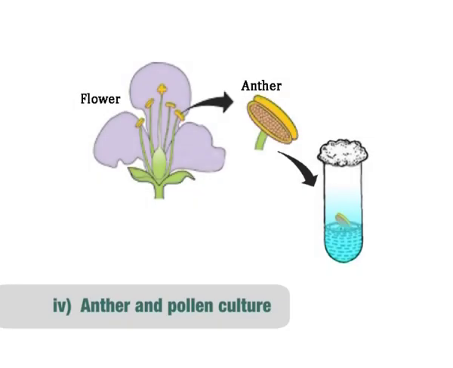The fourth type of plant organ culture that we are going to take up is the anther and pollen culture. Anther culture is the technique of culturing excised anthers from unopened flower buds aseptically on nutrient medium, while pollen or microspore culture is the culture of isolated pollen grains.